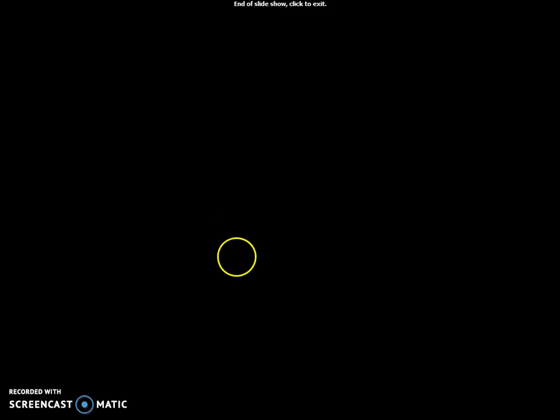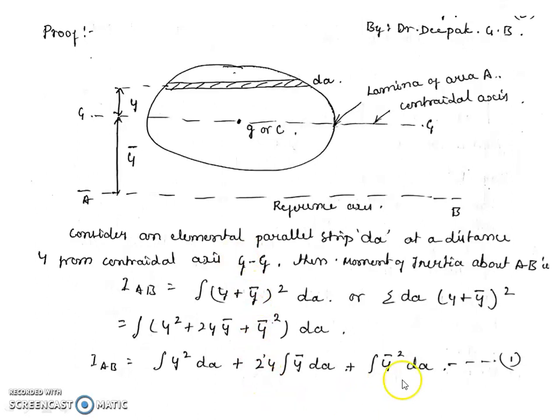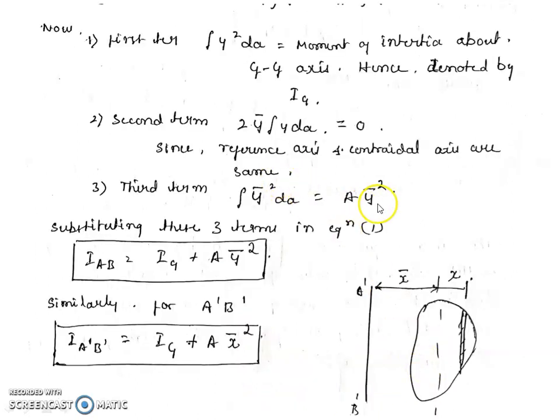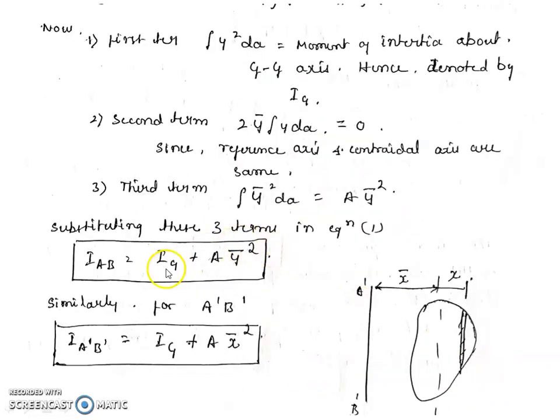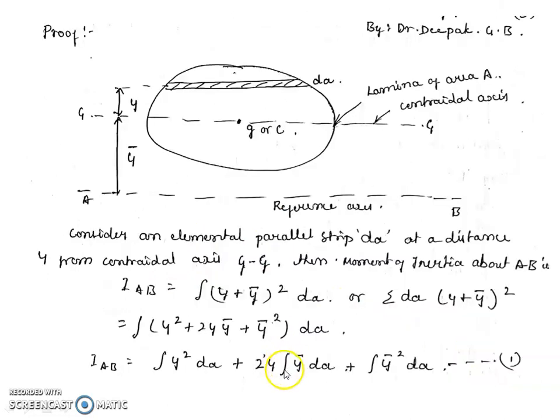Next, the third term, the integral of y bar square dA. This is nothing but A into y bar square. Then I will substitute these values in equation 1. The first term is IG, the second term is 0, and the third term is A into y bar square.